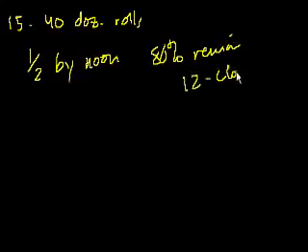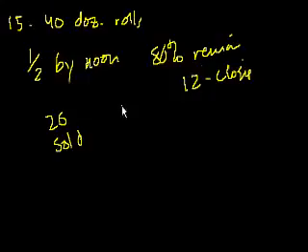How many dozen rolls had not been sold when the bakery closed yesterday? Okay, half sold by noon, so 20 sold by noon, and 20 left, right? And they said 80% of the remaining rolls were sold between noon and closing time.